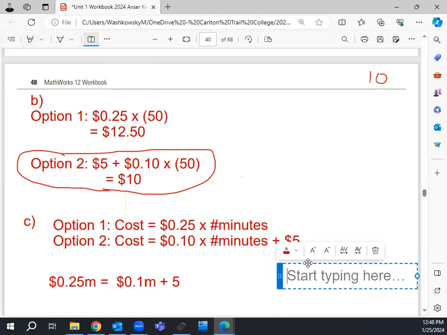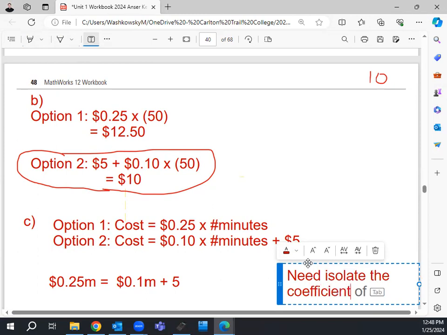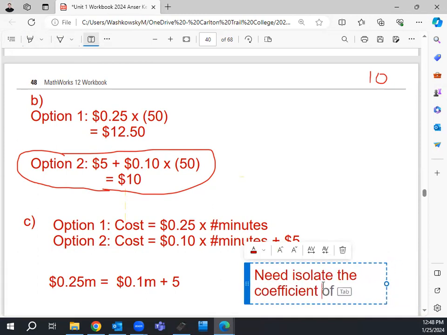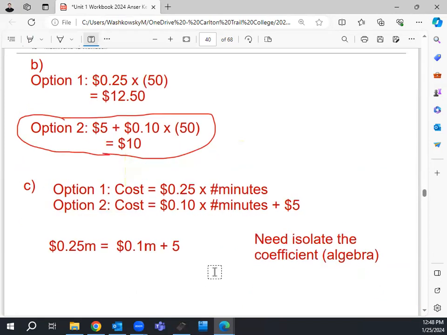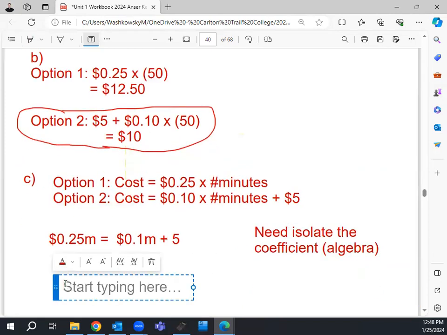And so what we need to do here is isolate. Technically it's called the coefficient. This is the fancy way of saying the algebra. I need to get M by itself on a side.